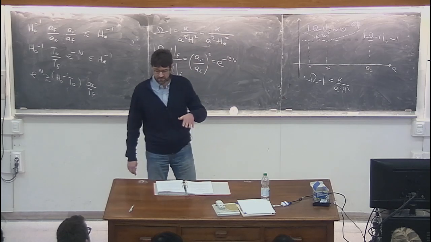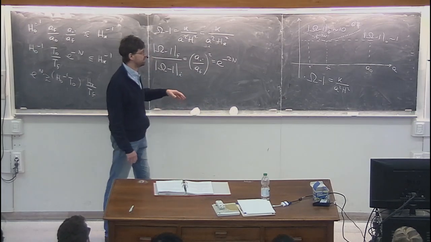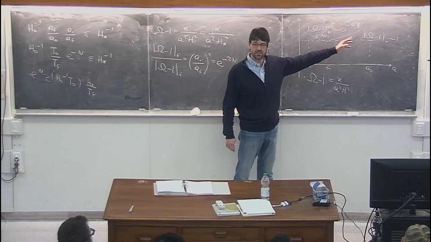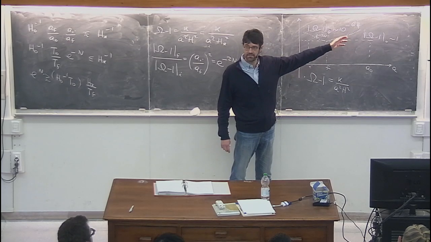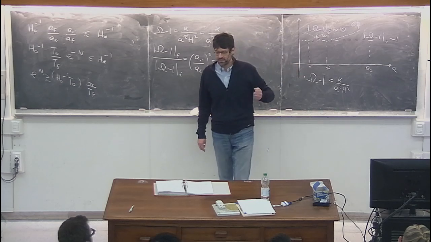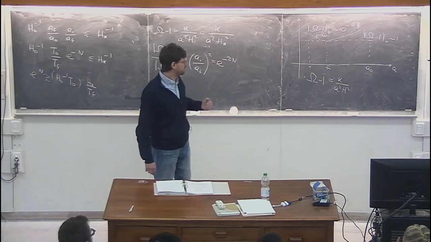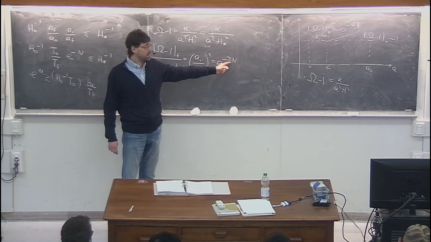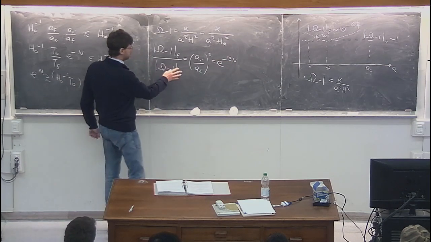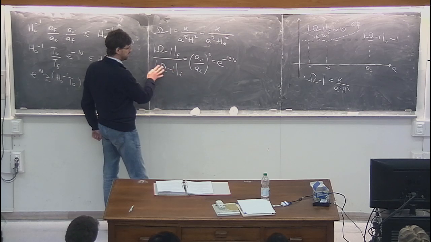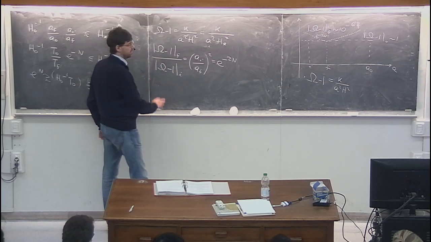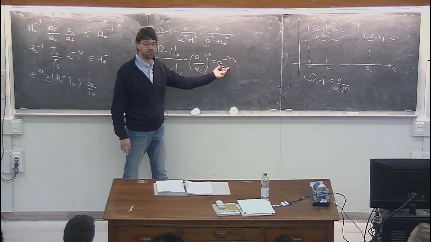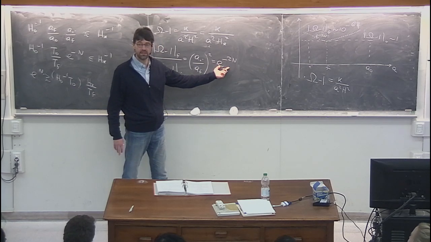And in order to solve the flatness problem, you have to be sure that the final value is the one by which you start the radiation phase, 10 to the minus 62, let's say. But now, how did you get the 10 to the minus 62? You get it from e to the minus 2N. You see? Let's suppose that you don't know what this number is, but again, you don't care that much, because in any case, you have in your hands a very, very small factor to play with, e to the minus 2N.